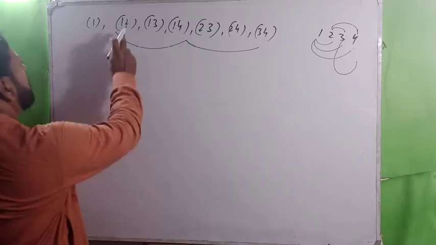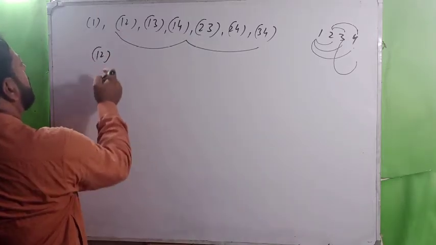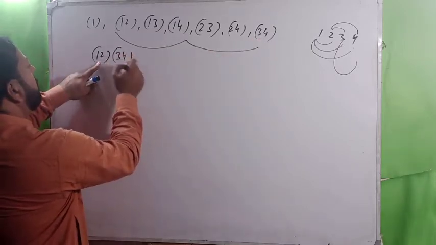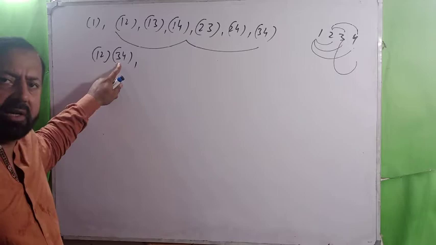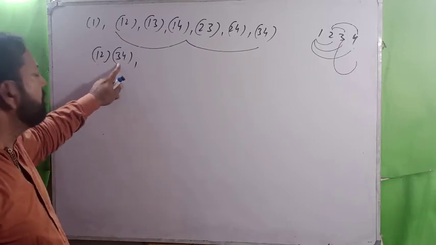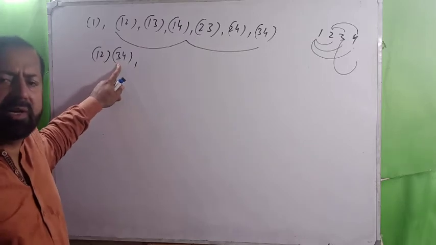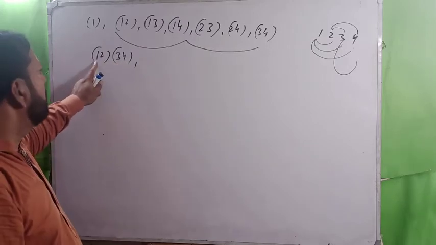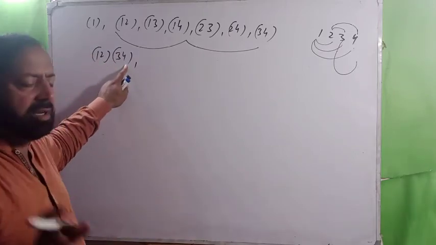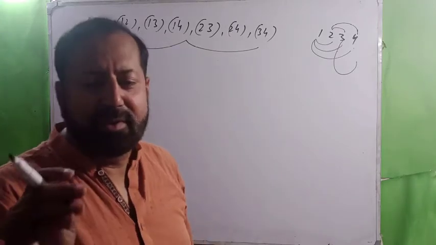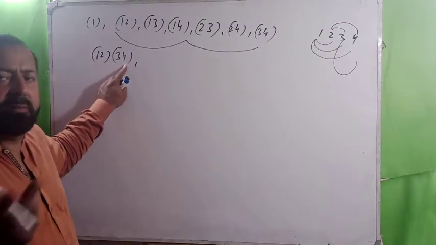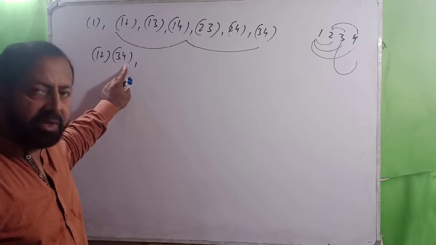So this could be (1 2), and to keep it disjoint we must have (3 4), and 5 is the fixed element, so its cycle type is 2, 2, 1, no need to write again and again. Sorry, this is S4, not S5. For S4, 1, 2, 3, 4, yes, 4 elements are complete, right?